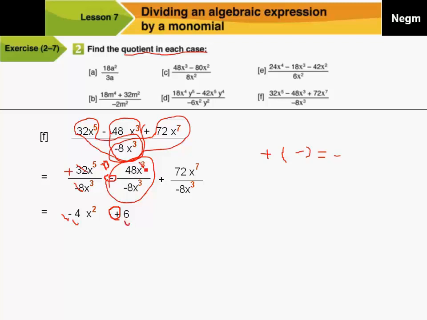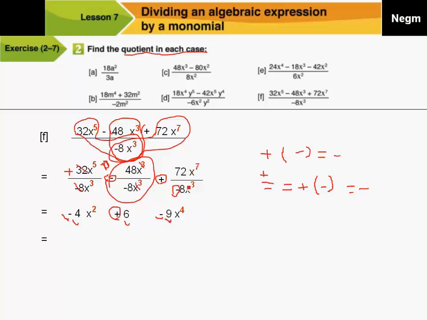Of course, x to power 3 can be eliminated with the x to power 3. And here we have plus at the numerator, minus at the denominator, plus divided by minus is the same as plus multiplied by minus. Of course, plus multiplied by minus is equal to minus, so the sign will be minus here. 72 divided by 8 is 9.